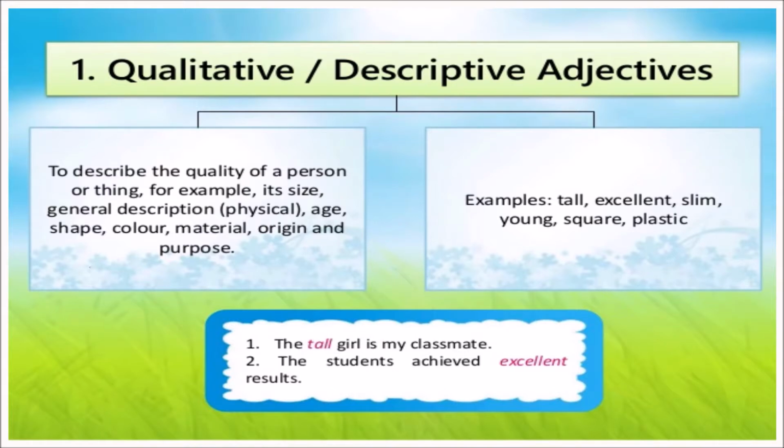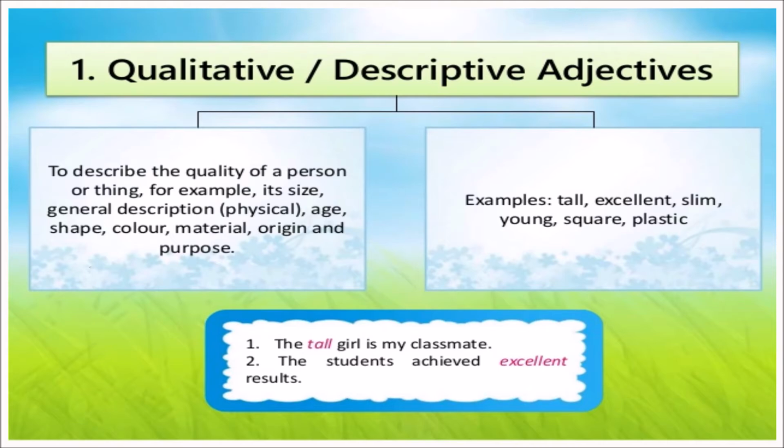First, we are going to learn about qualitative or descriptive adjectives. Qualitative or descriptive adjectives are used to describe the quality of a person or thing. For example, its size, general description, physical, age, shape, color, material, origin, and purpose.